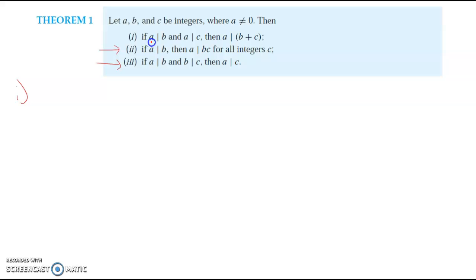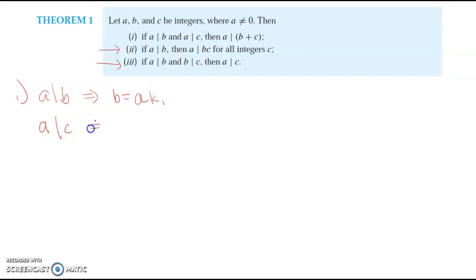Part 1 says, given that A, B, C are integers, if A divides B and A divides C, then A divides B plus C. From the first given, A divides B, we can rewrite this as an equation: B equals A times K1, where K1 is some integer.